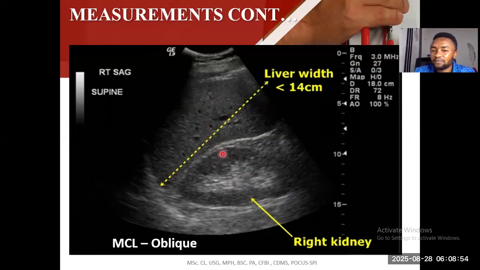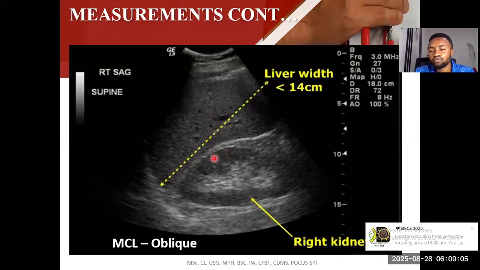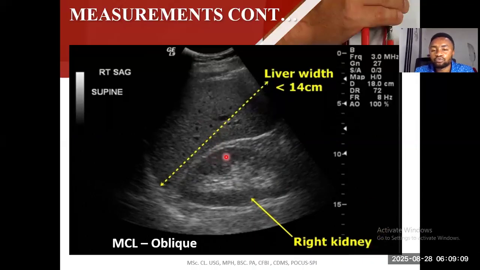But the cortex, if you see the cortex or the medulla, it's either the same or the liver is hyper to the kidney's own. Do you understand? So that's how it is. When it comes to the liver and the kidney, you are comparing the echogenicities.